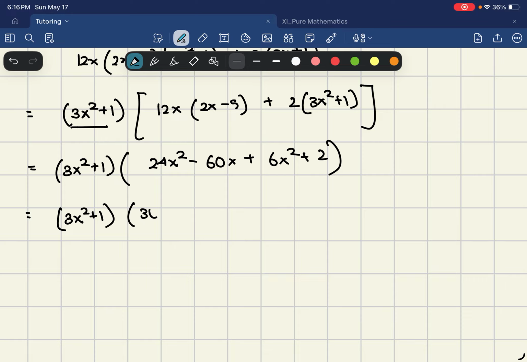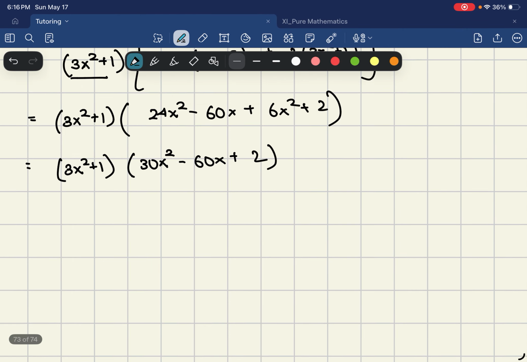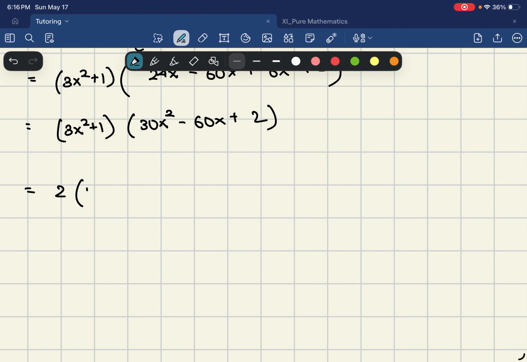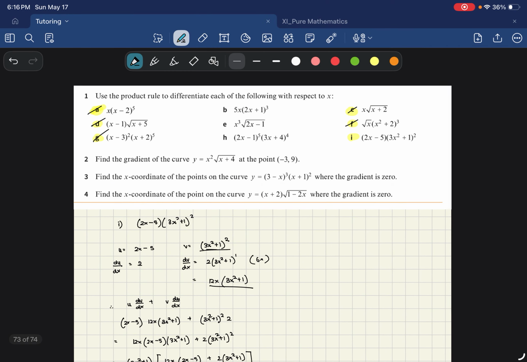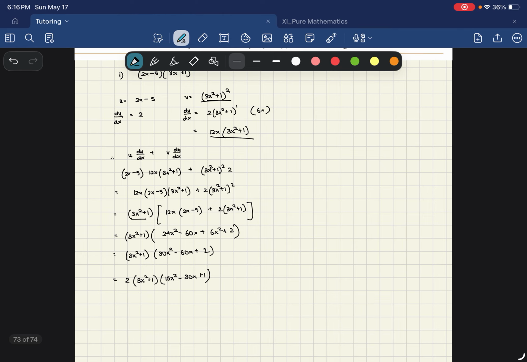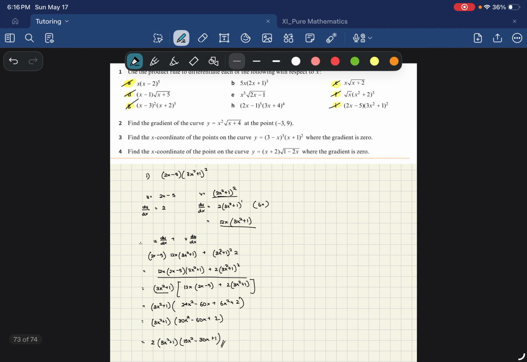So that is 30x squared minus 60x plus 2. And you can factor out a 2, I believe. So you get 2(3x squared plus 1)(15x squared minus 30x plus 1). Alright, so I'm trying to simplify as much as the textbook does. So this is your final solution. But leaving it here should also be okay, to be honest.